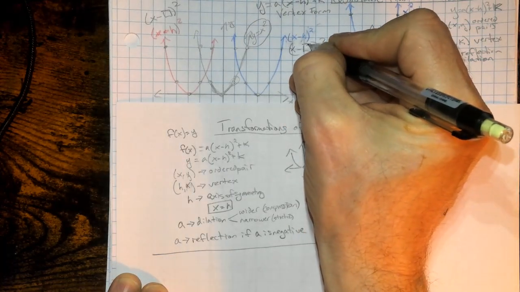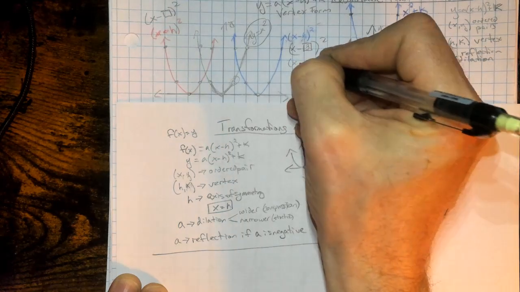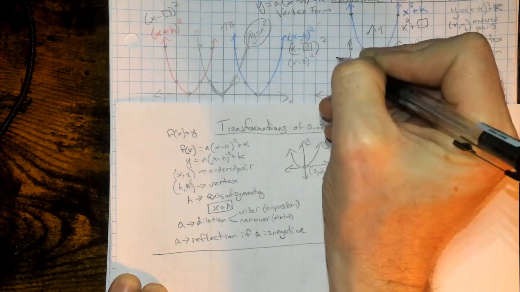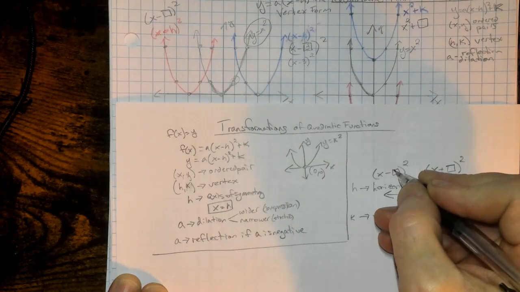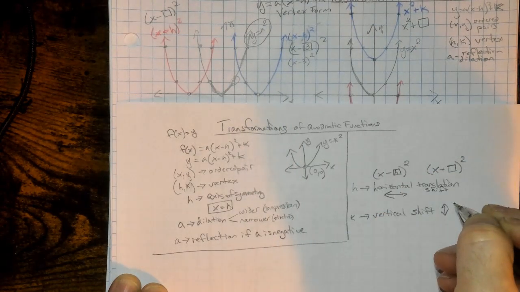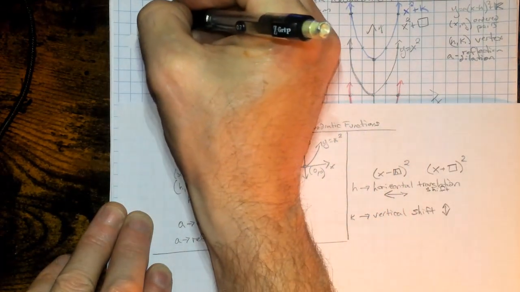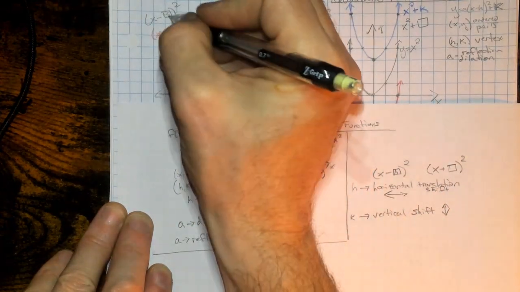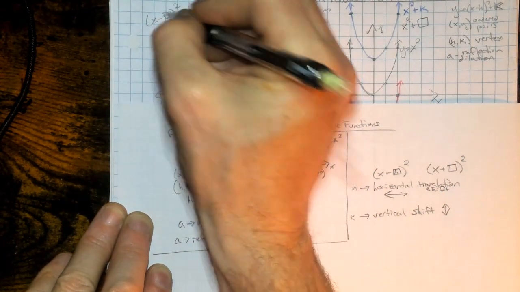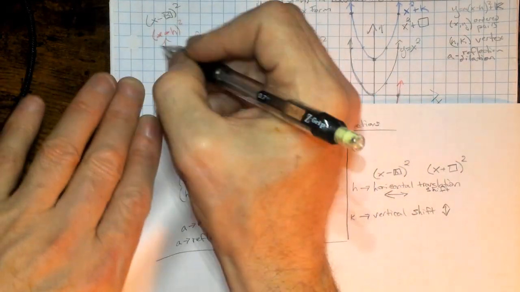So I would just plug in 3 here. This is going to look like x minus 3 squared. If I'm looking to the right, it's just x minus h. And if I'm going to the left, I went 1, 2, 3 units, so I'm plugging in negative 3 here, which means I plugged in a negative sign inside that box. That's a little tricky, but what happens when you subtract a negative?